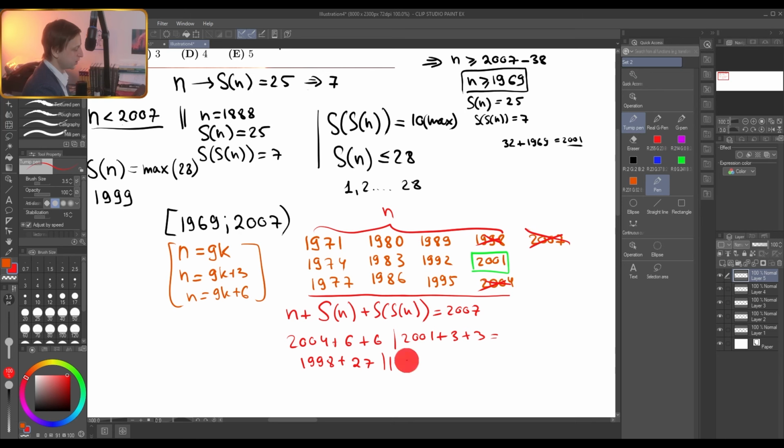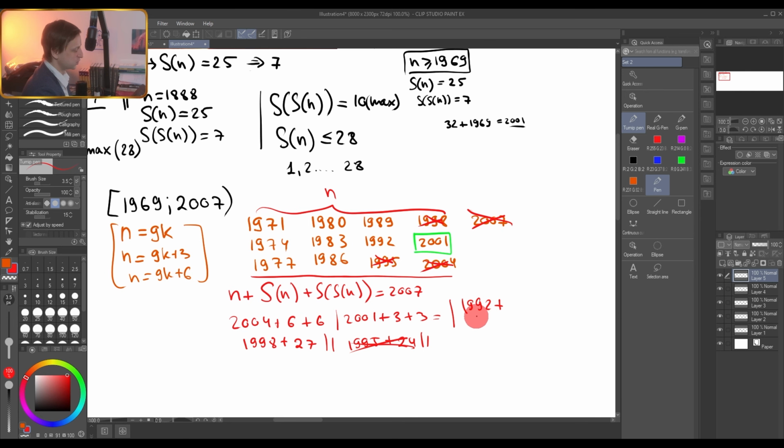Okay, 1995 plus the sum of its digits, it will be 18 plus 6, 24, and still too large for us, doesn't work. 1992 plus the sum of its digits is 18 plus 3, 21, and it's too large, doesn't work for us.